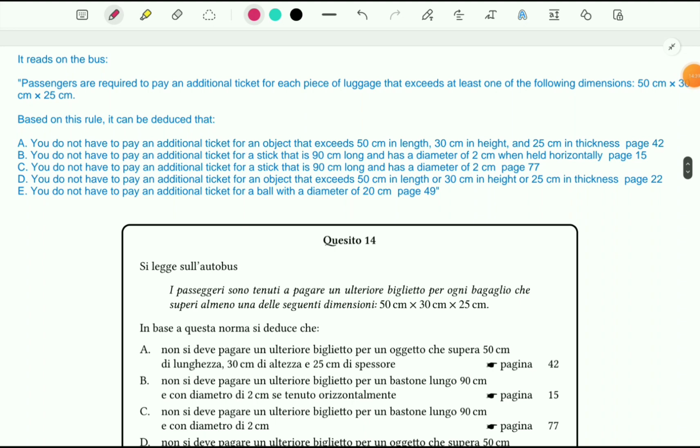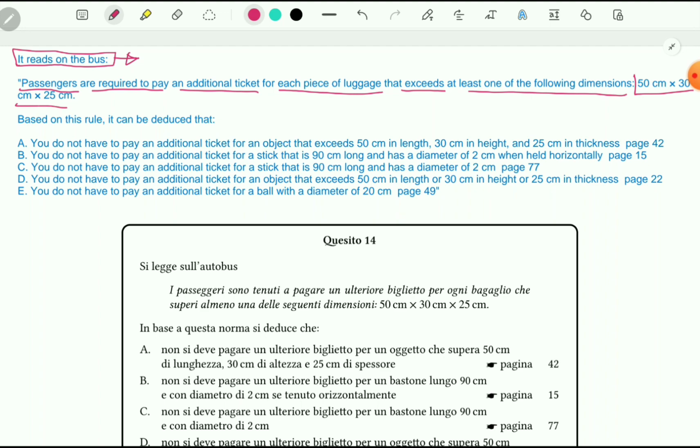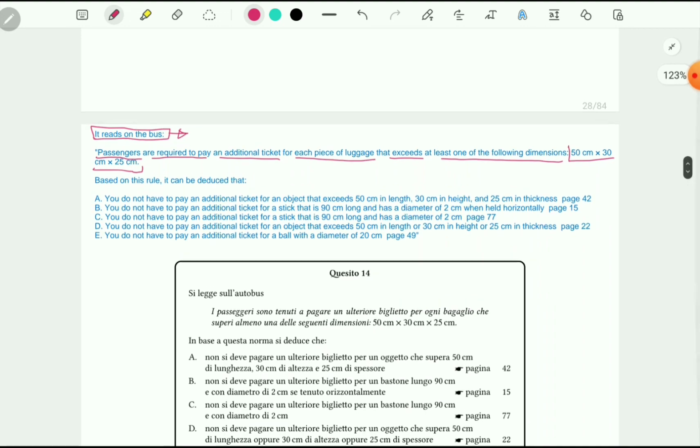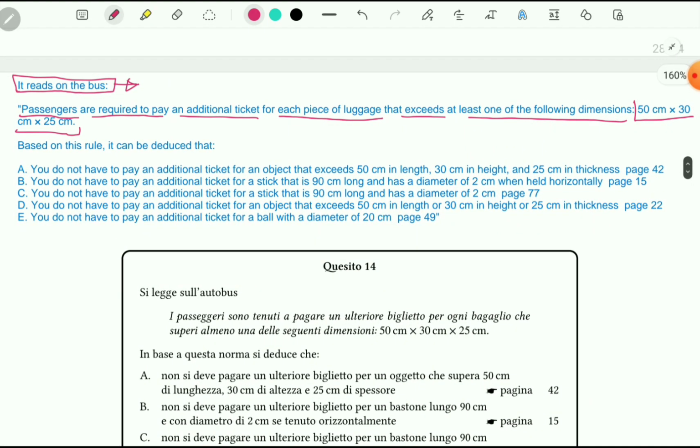Okay, this is our next problem, question number 14. It reads, on the bus it is written: Passengers are required to pay an additional ticket for each piece of luggage that exceeds at least one of the following dimensions: 50, 30 and 25 centimeters.